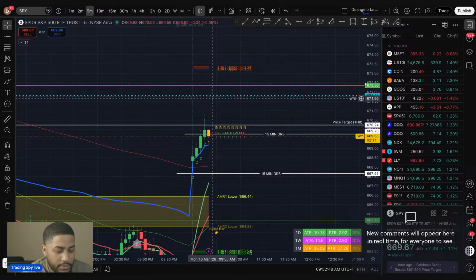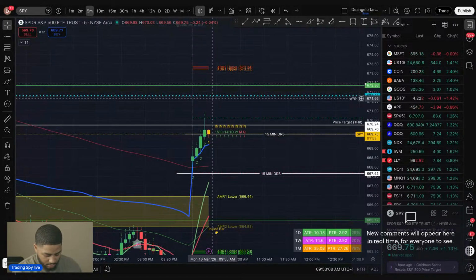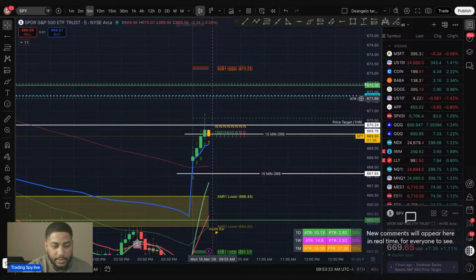So I'm gonna be careful trying to enter too early. Still got a minute and 40 seconds left on this 5-minute candle.